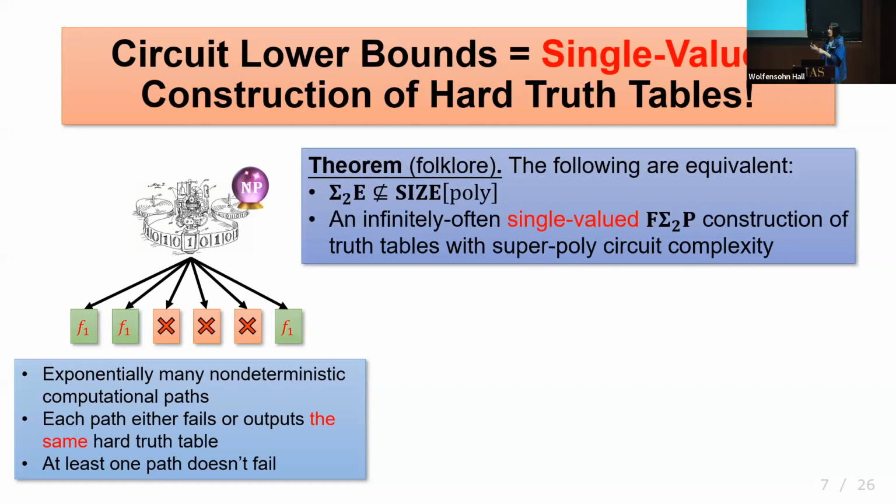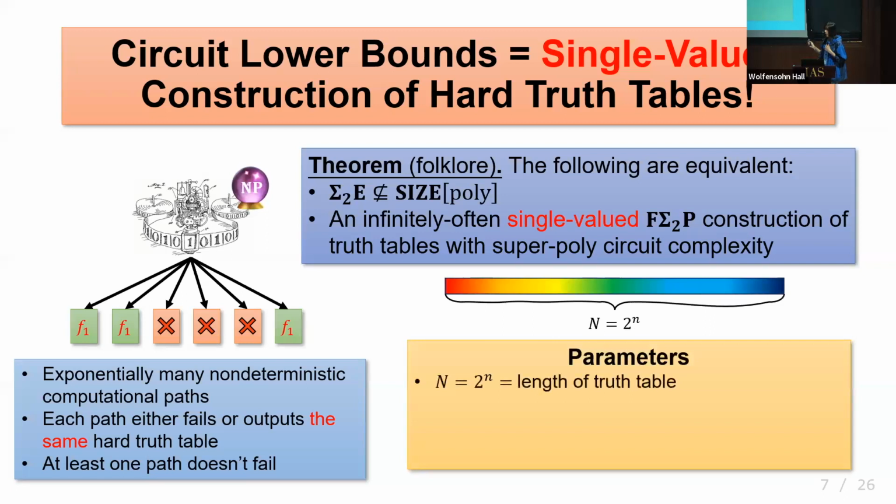It will give you a single valued FΣ2P construction of a hard truth table. On the other hand, if I have a single valued FΣ2P construction, then the truth table that it prints defines a truth table. So the truth table it prints corresponds to a function in Σ2E that's hard for circuits.